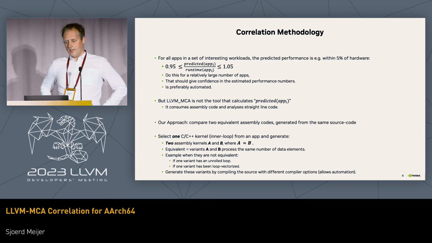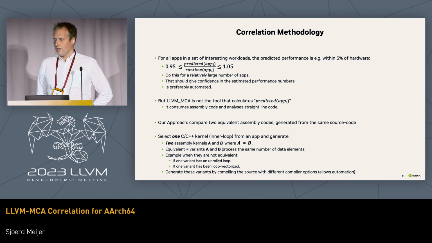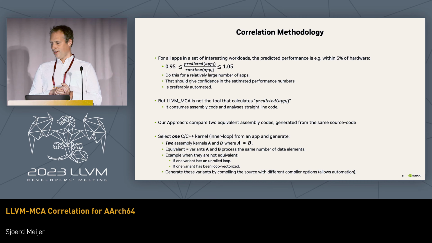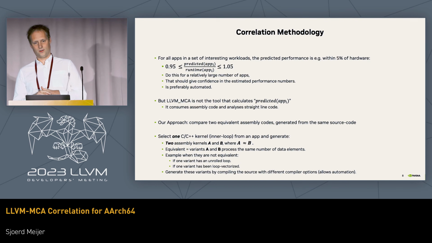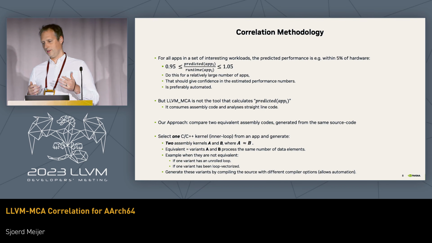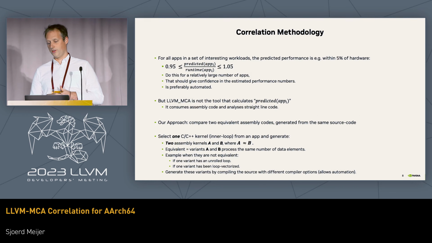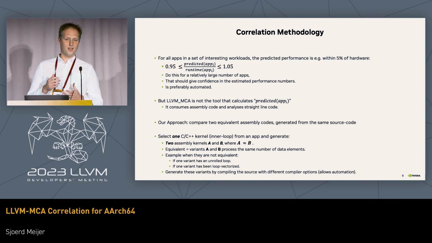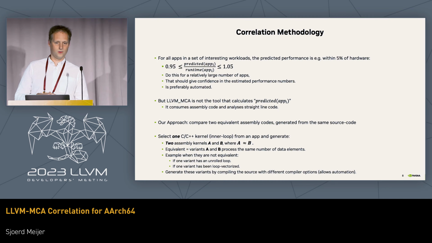Now, very generally, what you want from a correlation methodology is that if you have a set of interesting workloads, the predicted performance is, let's say, within 5% of the hardware result. So, for example, if your workload finishes in 100 cycles or 100 seconds, you want the predicted performance to be within 95 or 105 cycles.